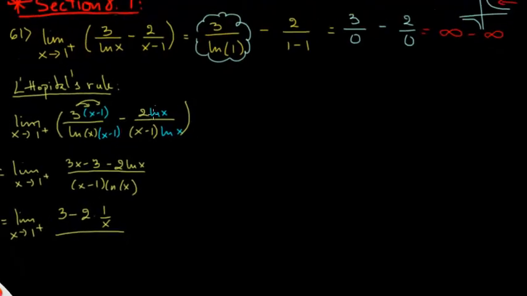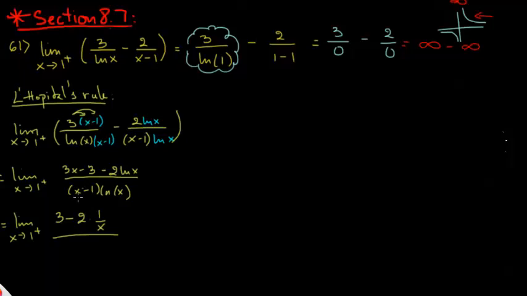The derivative of the bottom I have to use the product rule. The derivative of the first term is 1 times ln x, plus x minus 1 stays the same times the derivative of ln x, which is 1 over x.